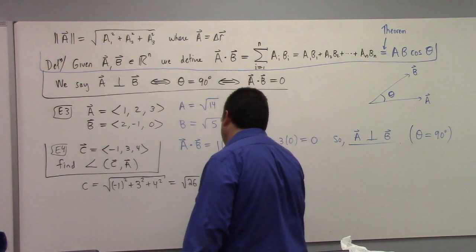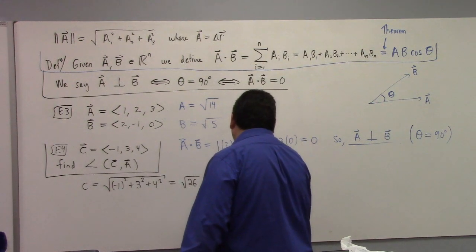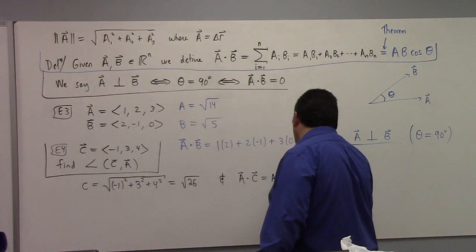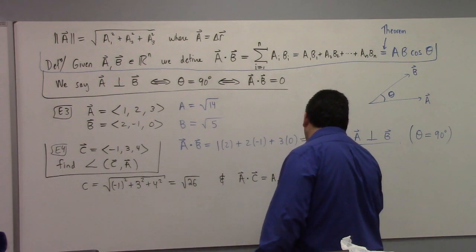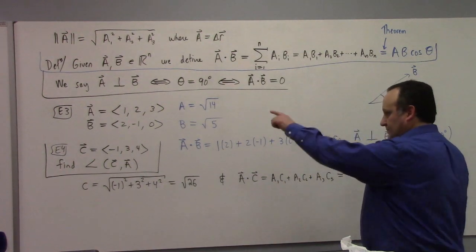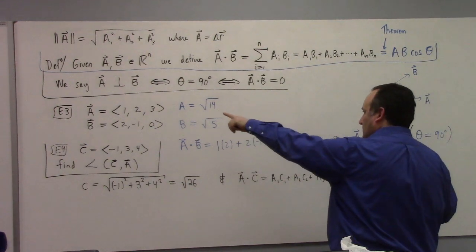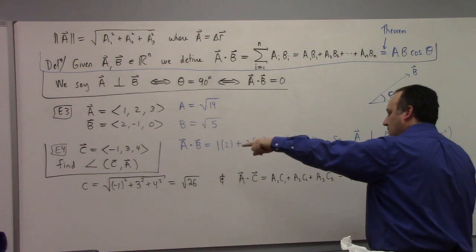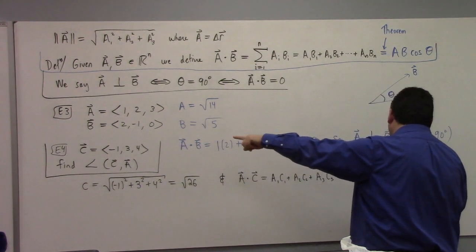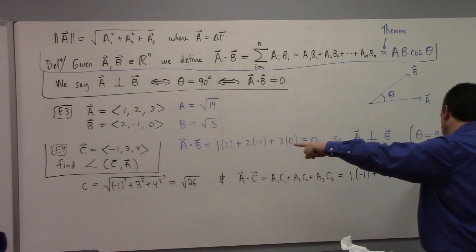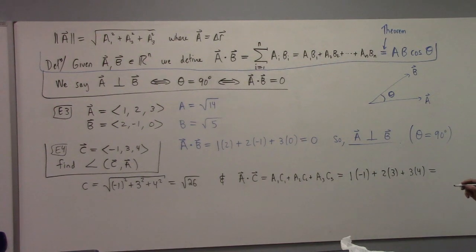And what is A dot C equal to? We do A1 C1 plus A2 C2 plus A3 C3. So we've got 1 times minus 1 plus 2 times 3 plus 3 times 4. The dot product of A and C is 17.